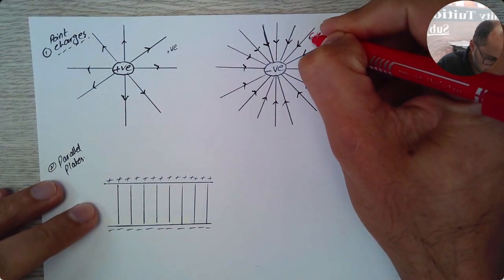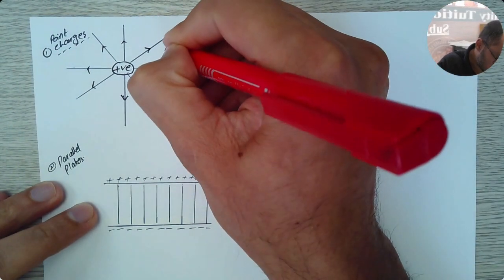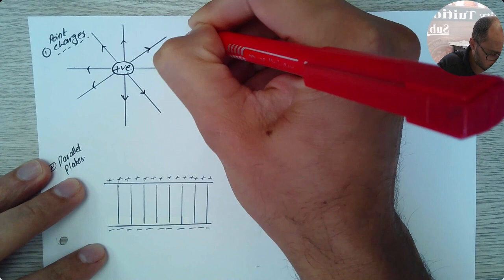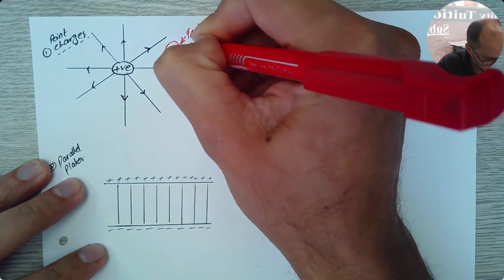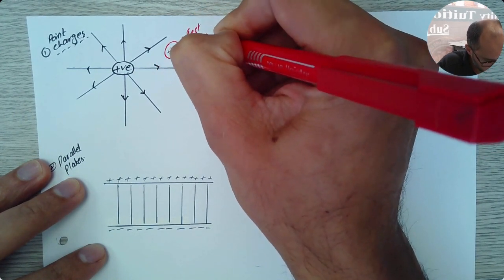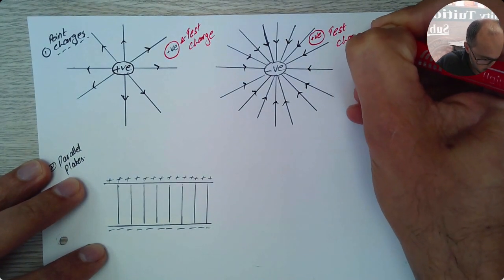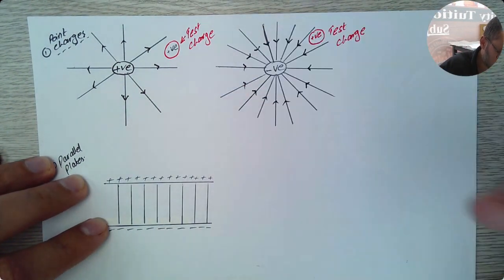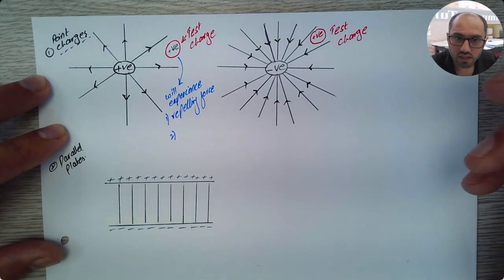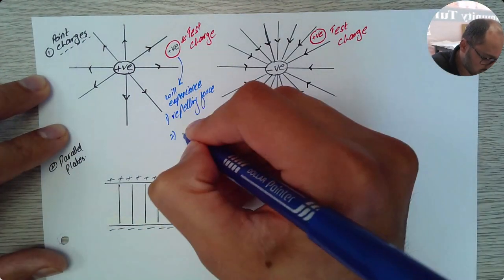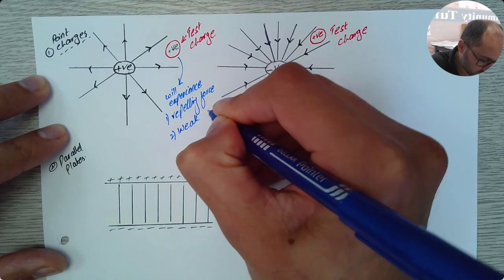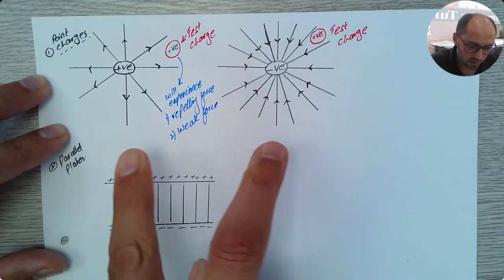So I can say in this case, this is my positive test charge, this is my positive test charge. In this case, I will say it will experience repelling force, and number 2, it will be weak force. I'm making comparison of them two.